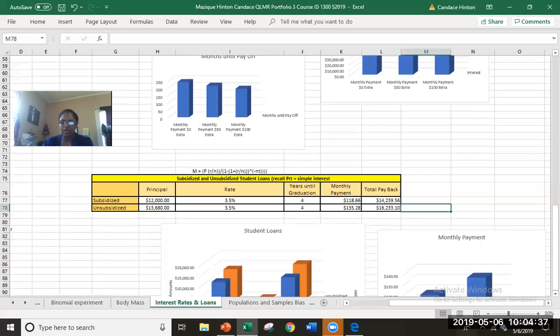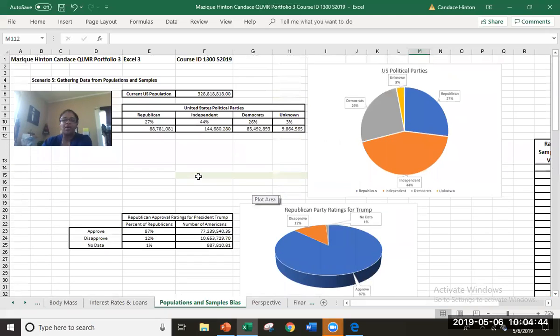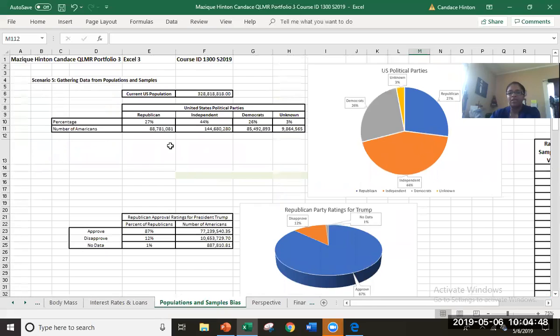Random sampling allows, oh, I'm sorry, I jumped ahead. I apologize. Okay, so here we are now at gathering data from populations and samples. Here we're talking about the political parties and about how they felt about Trump.